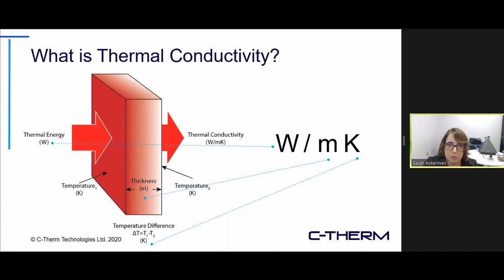Typically, this is measured in meters of a unit cross-sectional area when a known temperature difference is applied. So if you have a temperature difference of, say, 1 degree, that would get you the thermal conductivity of the material. So it's a measure of how efficiently the material will transmit heat energy over time.